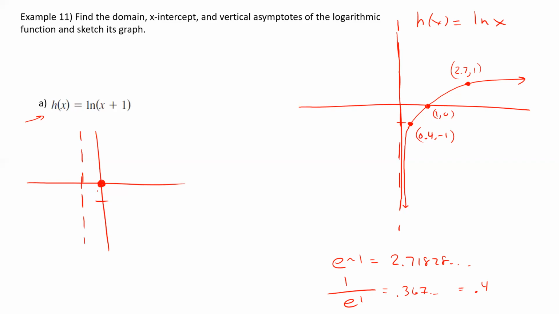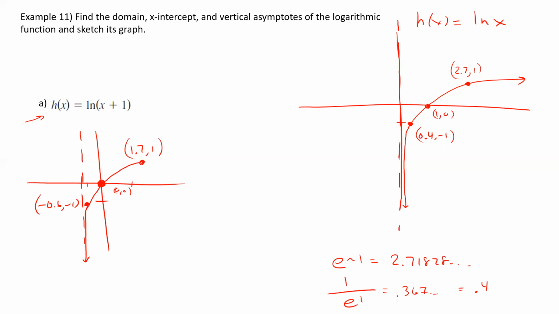That's nice. 2.7, comma 1 now became 1.7, comma 1. And the fun one, 0.4 became negative 0.6, because negative numbers work in the opposite direction here. So this one becomes negative 0.6, comma negative 1.